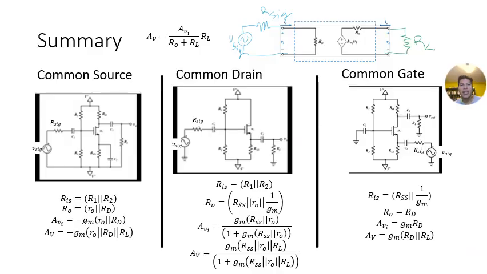Okay, so here's kind of the summary of the 3 sub-lectures that I will post separately. In particular, for each of these circuits, we will derive equations for AVI, RIS, RO, and V out over V in, including an RL, which we're going to call AV.